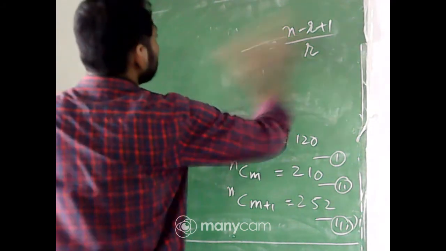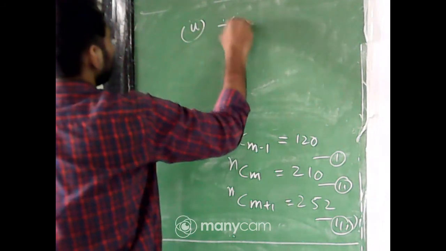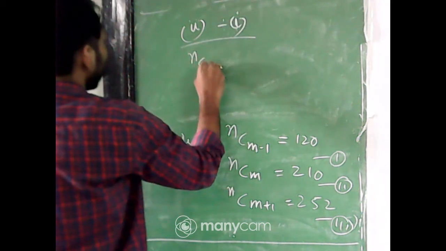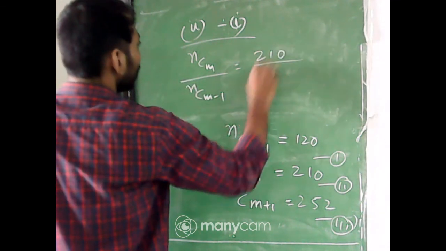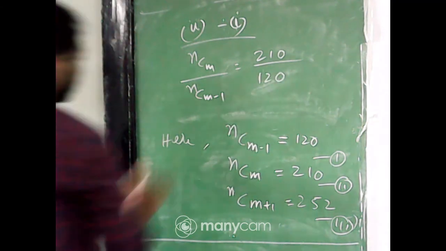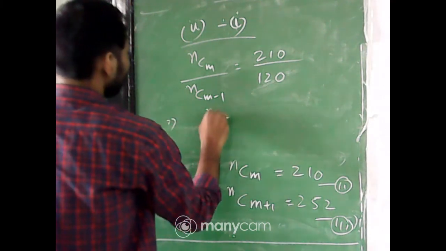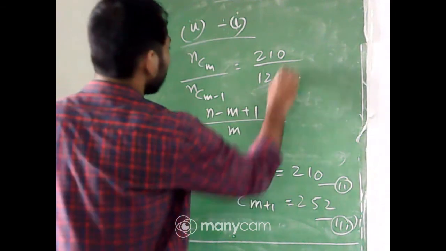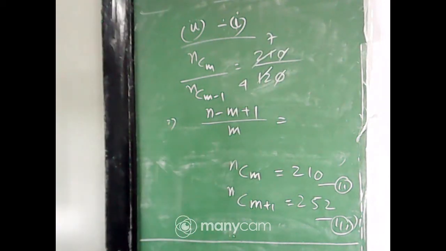So dividing 2 by 1, we got here nCm by nCm minus 1 equals to 210 by 120. That means n minus m plus 1 by m equals to, after cancelling, 7 by 4.